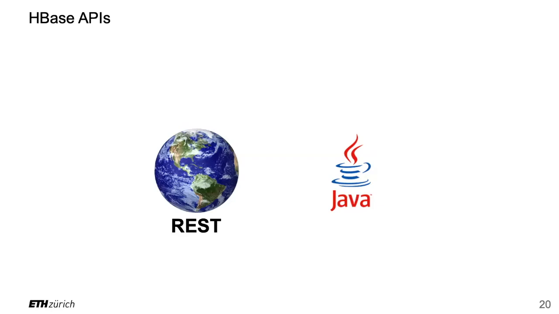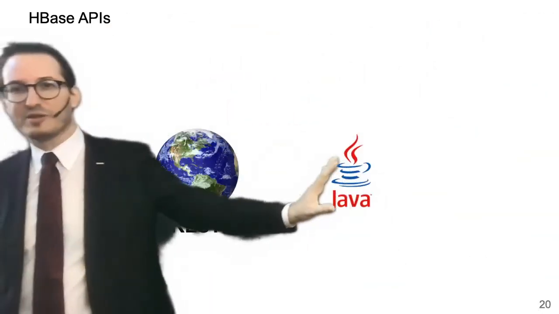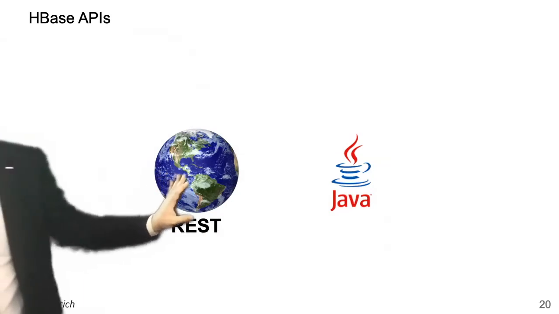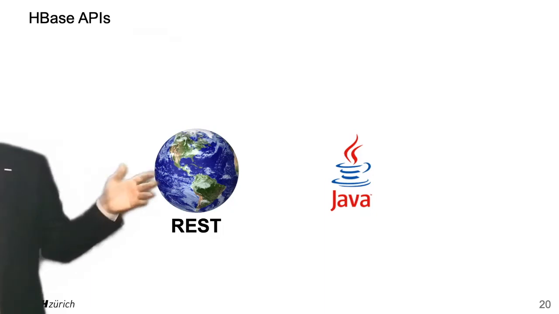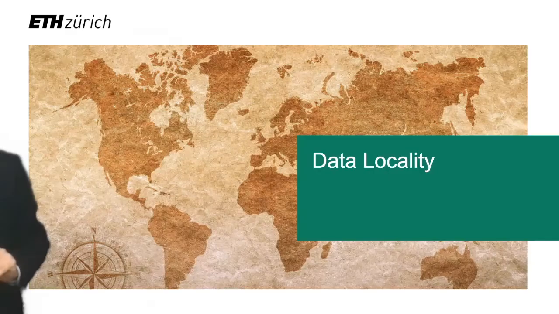You have a REST API for HBase, and you also have a Java API because a lot of things are implemented in Java, or we will see later also Scala for the case of Apache Spark. So you have the choice between communicating with the REST API or using an API in Java. Or you have the shell, but basically the shell is probably connecting via either of those.